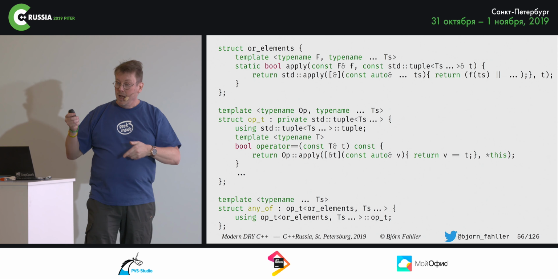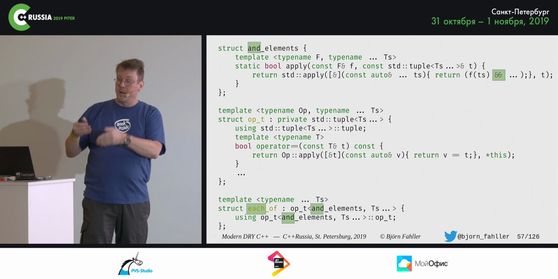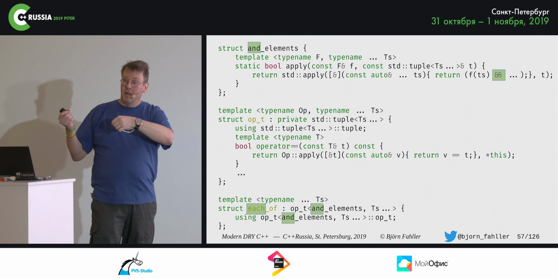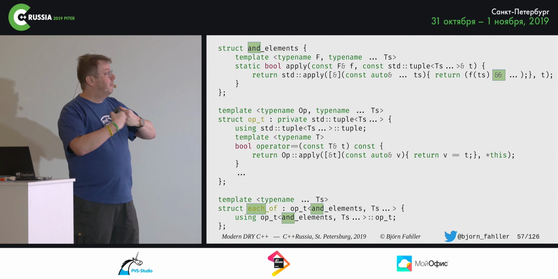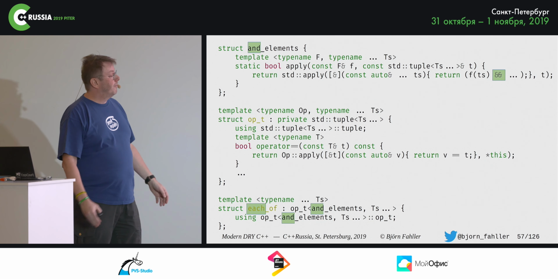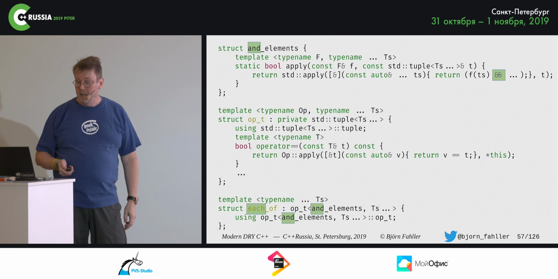So that is good. And you can use an each of that uses an and element. And I created a whole new bunch of functionality with very little code. That is good. I like that.